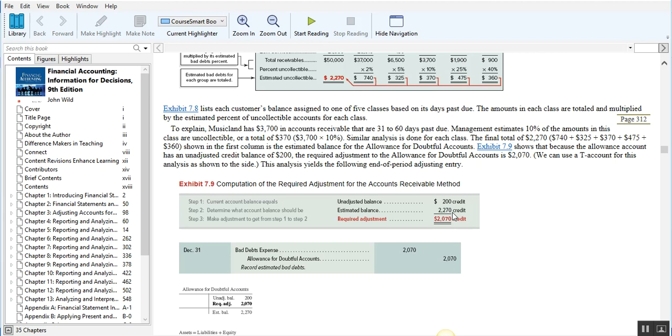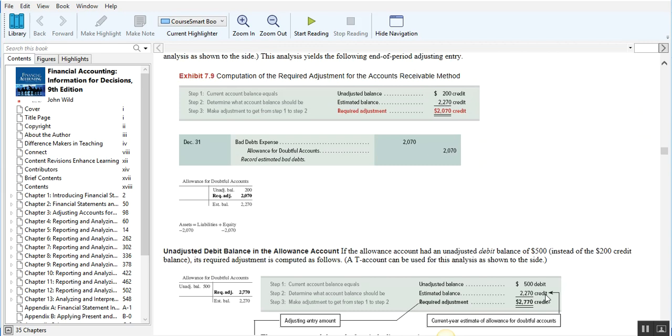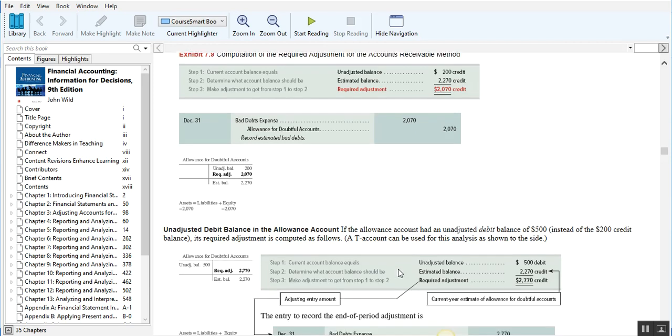In order to get to the 2270 with the $200 credit that's already there, we only have to do an adjustment for 2070 that will bring the allowance account balance to a 2270 credit amount. So here's the journal entry to record the allowance for doubtful accounts for the year. We have 2070 debit to bad debt expense and a credit for the allowance account.